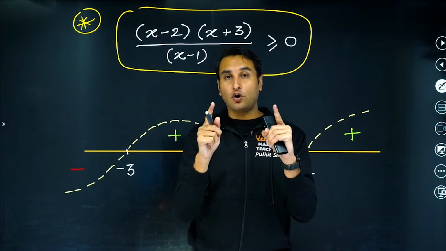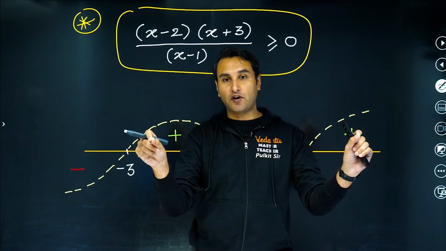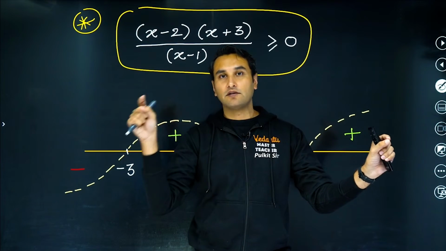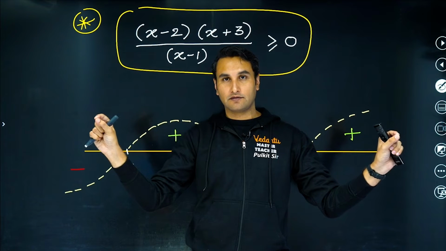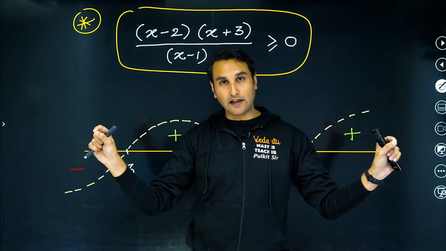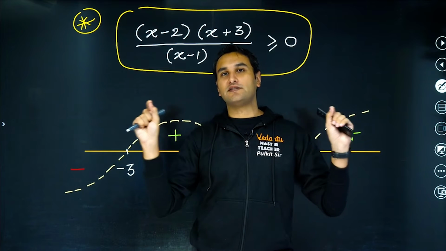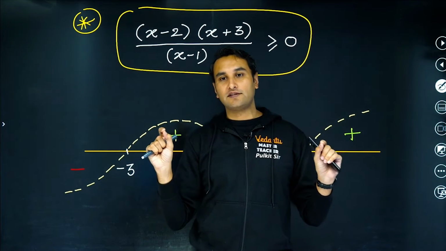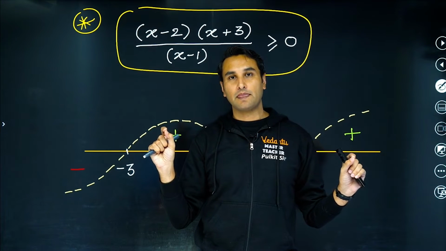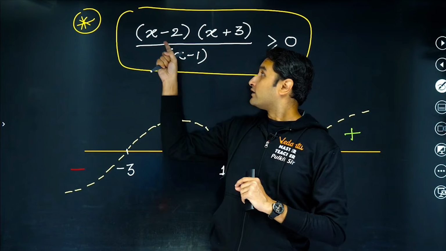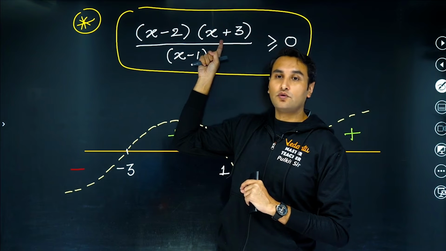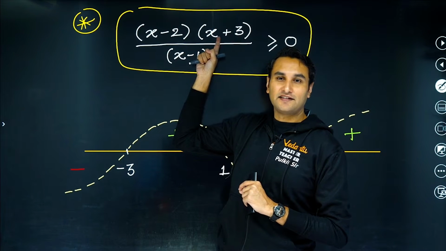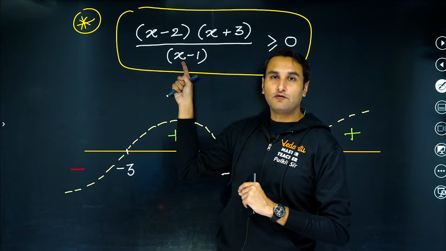Step 1, all of you do in your notebooks: make a number line. Do it right now. Done? Plot all the zeros. What are the zeros? X equal to 2, x equal to minus 3, x equal to 1.